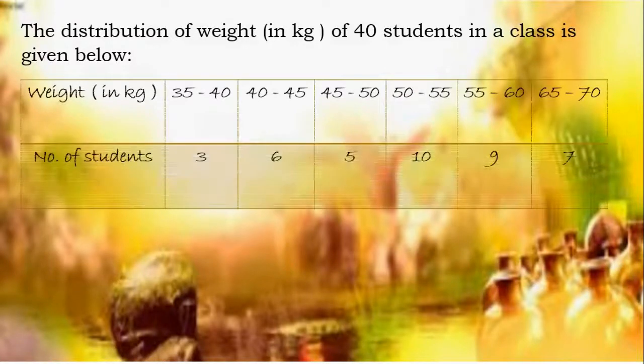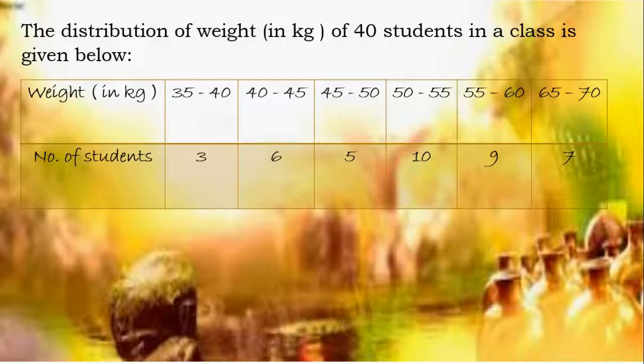The distribution of weight in kilogram of 40 students in a class is given below. Here, weight in kilogram is given as the class intervals and the number of students is the frequency.